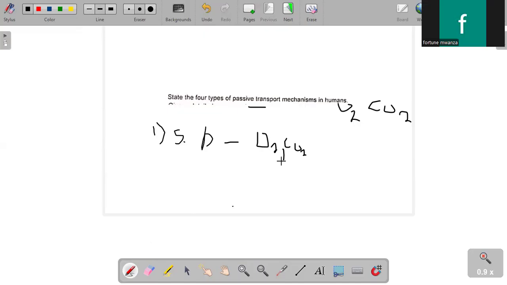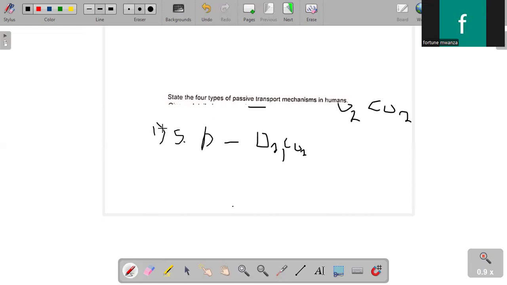These molecules will be moving from a region of higher concentration to a region of lower concentration. Of course, no energy is required in this type of transport. So that's about simple diffusion.